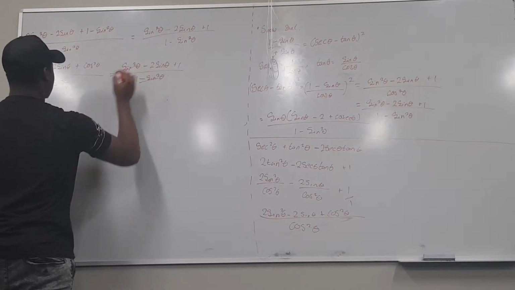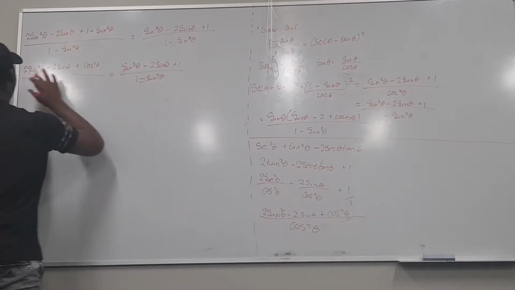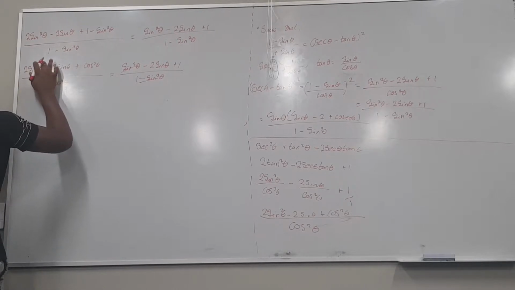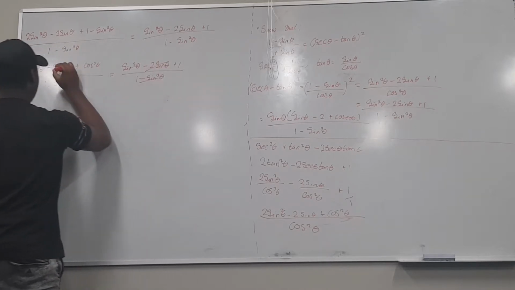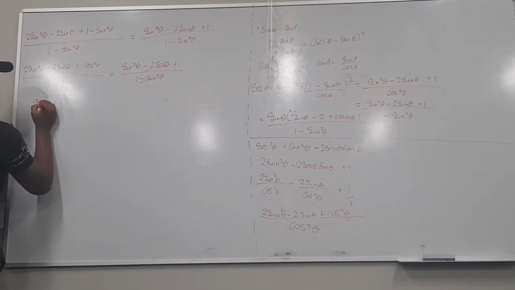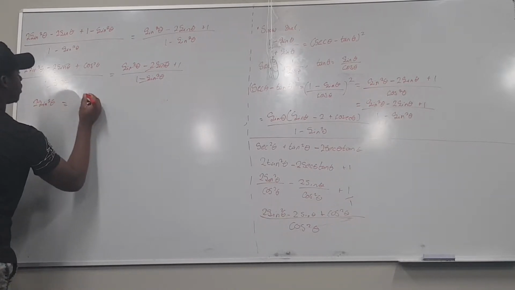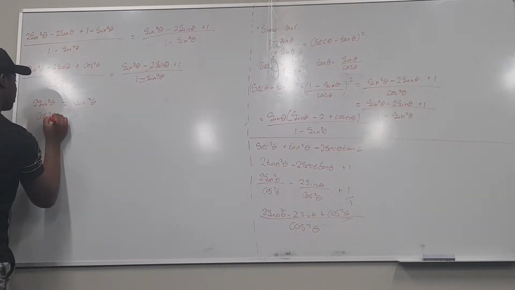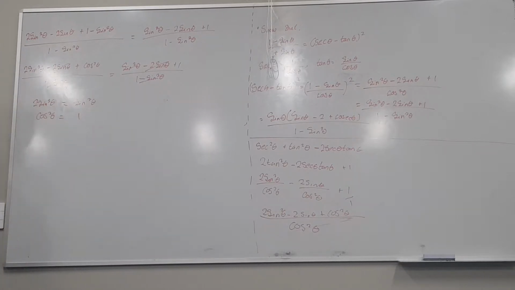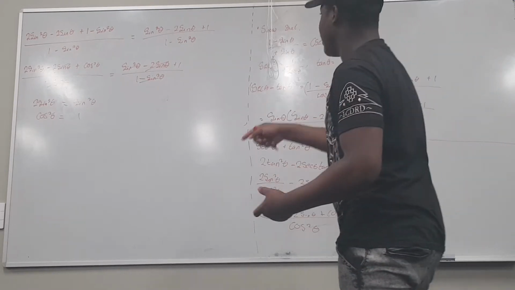But from the rule of idempotency, this cancels this, but 2 sine squared theta is equal to sine squared theta, and cosine squared theta is equal to 1, which is interesting. It doesn't give you an answer, but it tells you something about the question. It helps you verify that this is true.